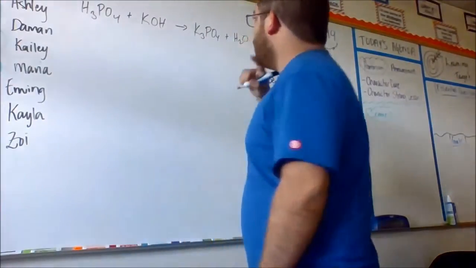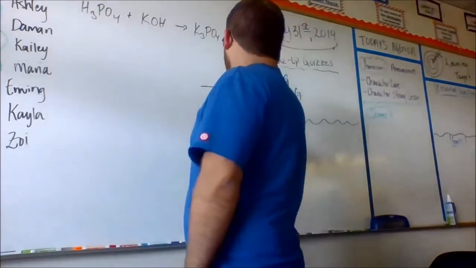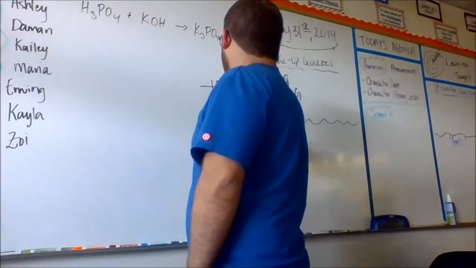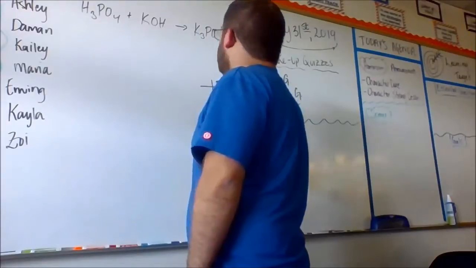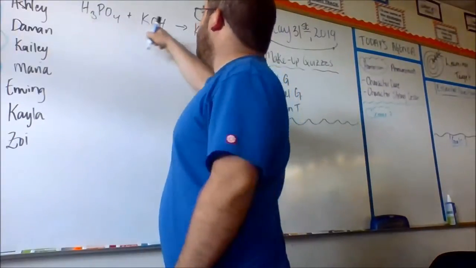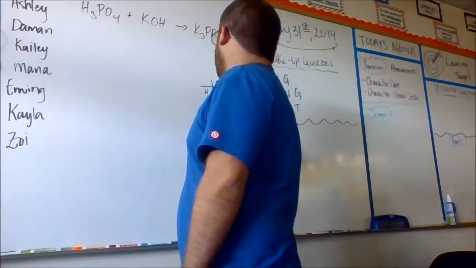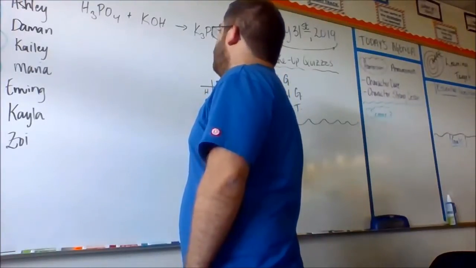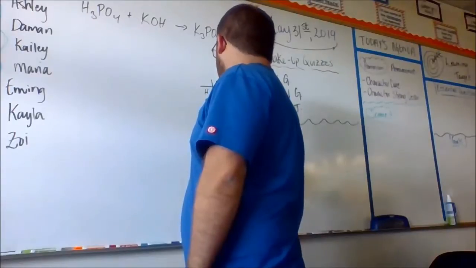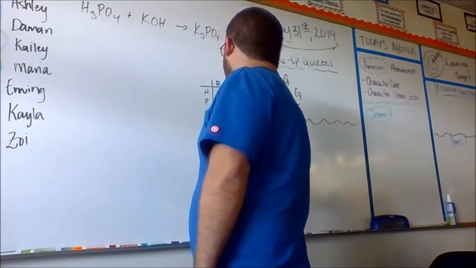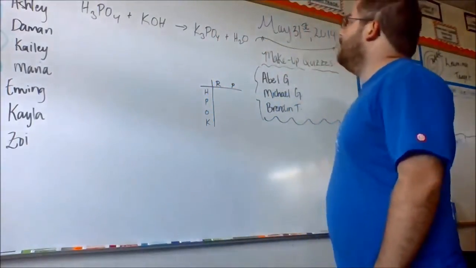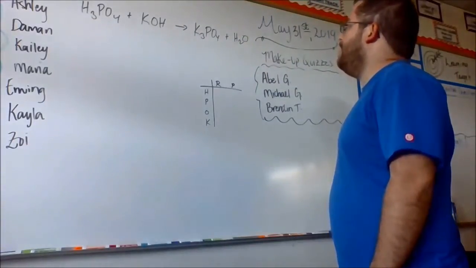Okay, so we're going to make our little chart right here. Reactants, products. Okay, so let's start just naming off all the different atoms. We've got hydrogen, phosphorus, oxygen, potassium. So let's take them one at a time.